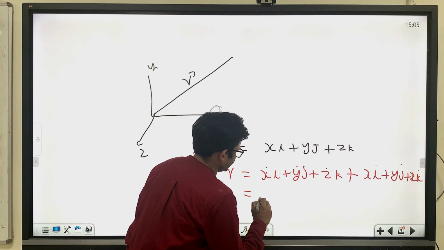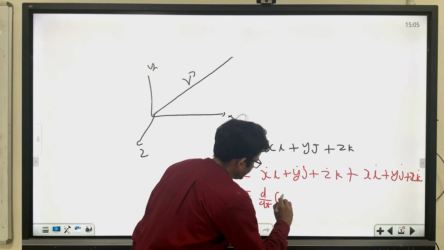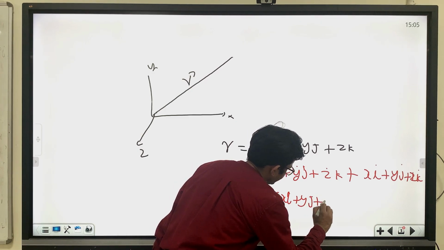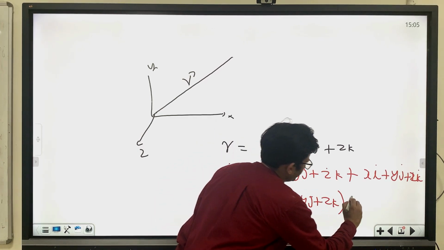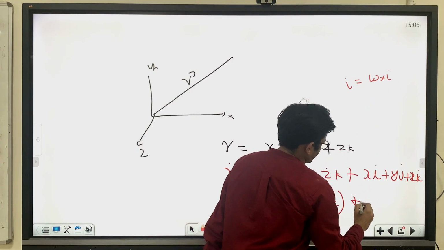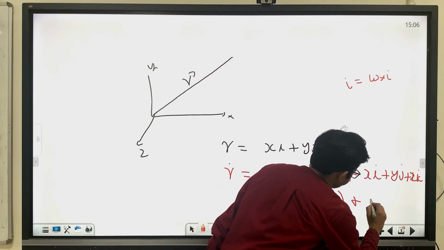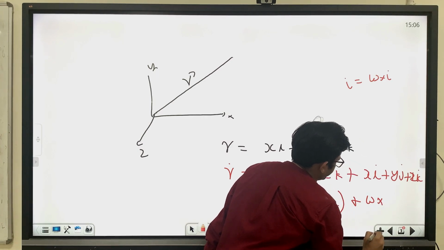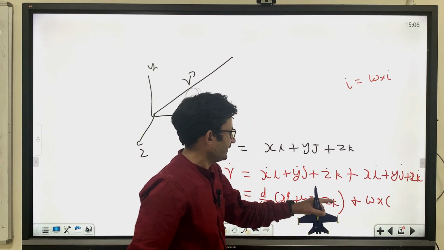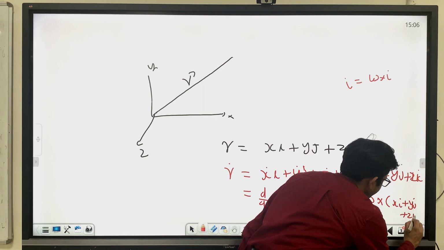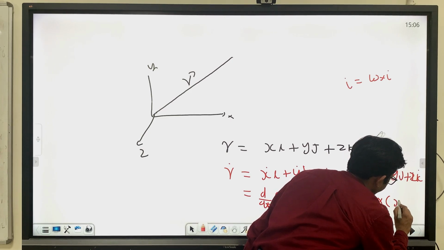Now you can write this as d by dt of xi, yj and zk, and for i dot you can write omega cross i. Then you can take omega common, cross common, and in brackets you will have xi, yj and zk. You do not put a point inside, otherwise you will confuse it with the dot.